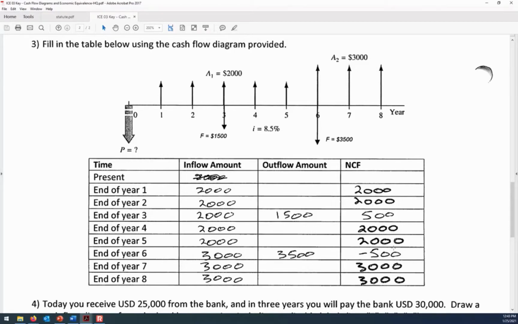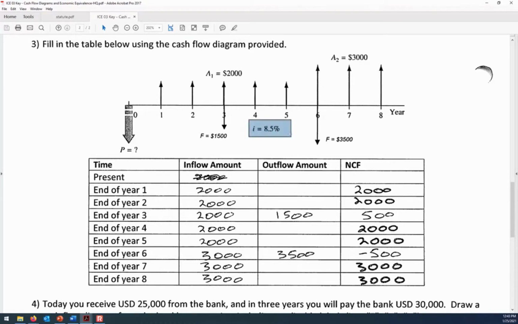So this isn't a cumulative column. This is just looking at the specific year in question. So each row is its own year. In the third year, we have an inflow and an outflow. So it's 2,000 in, 1,500 out. So the net cash flow in the third year is 500, and so on and so forth.